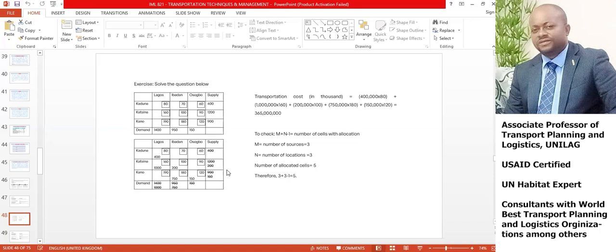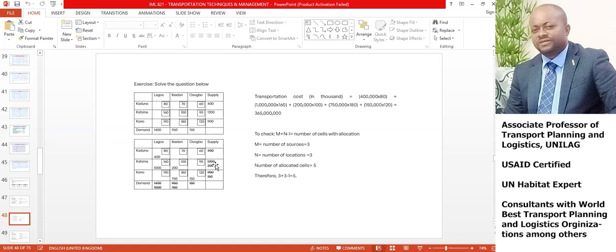Okay. So originally we had 1,200 here. This 1,200 is remaining 200, and we have settled the whole of Lagos. So this 200 moves to the next place that has demand.